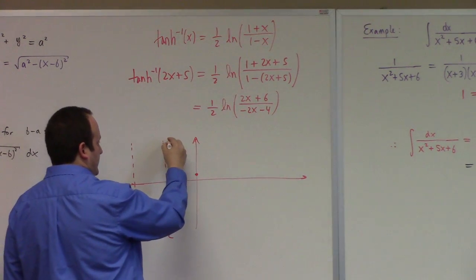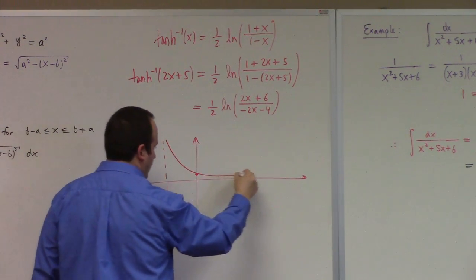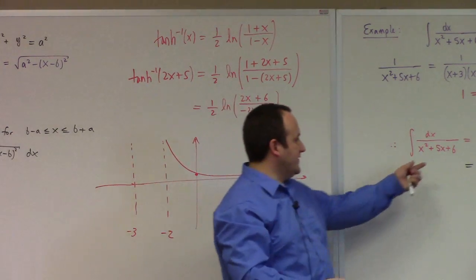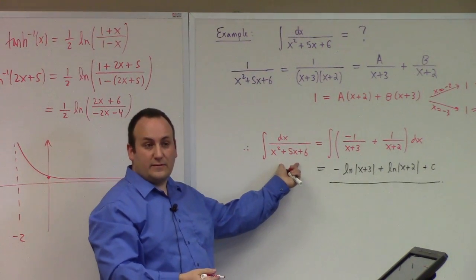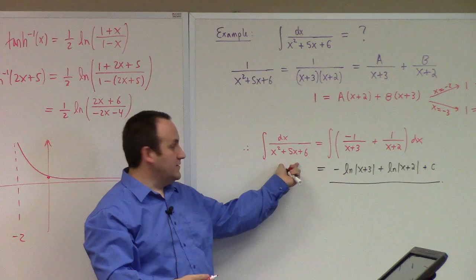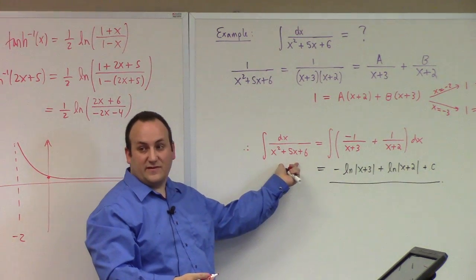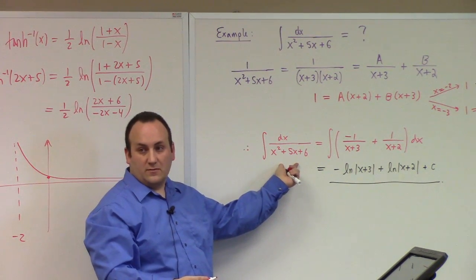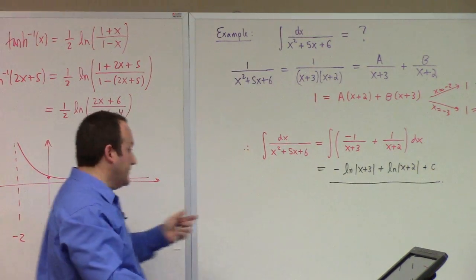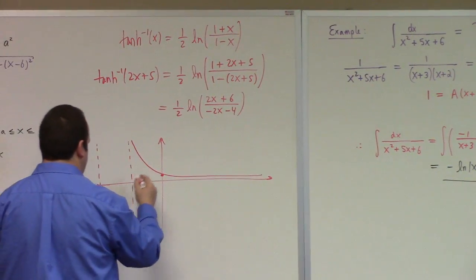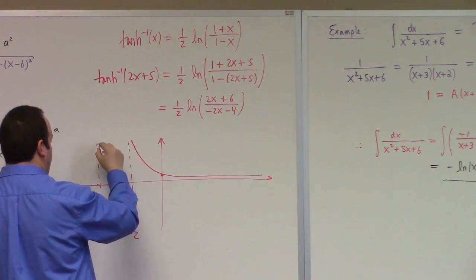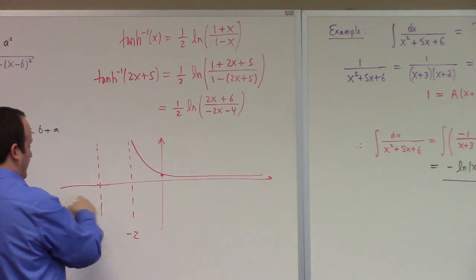So that means it's doing this. I can tell from the initial expression it has no zeros. Is there any way you can get 1 over x squared plus 5x plus 6 to be 0? No, you cannot. This function has no real zeros. So the graph has to look something like, well, the question is what happens in here.